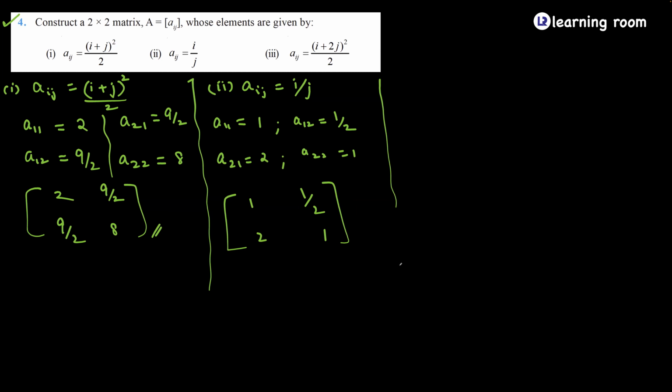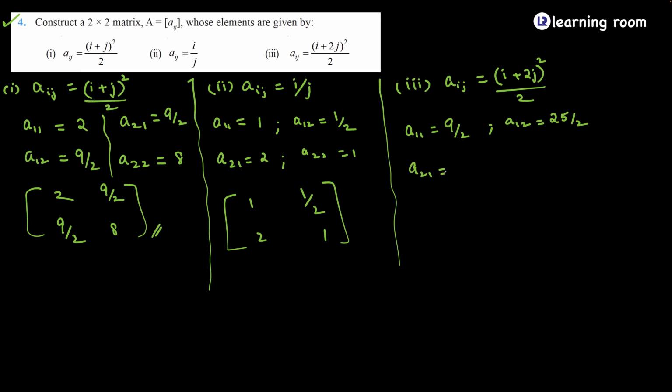Similarly, if you take the third set, Aij is equal to (i plus 2j) the whole square, the whole divided by 2. So what is A11? 1 plus 2, so A11 is 9 by 2. A12 is going to be 1 plus 4, 5. 5 square is 25. So it is going to be 25 divided by 2.